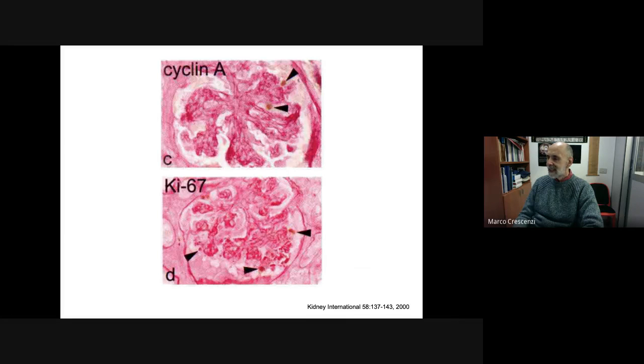It is very rare or even impossible to recover from chronic renal failure. Nonetheless, this evidence shows that podocytes, the precursor cells for glomeruli, do reactivate the cell cycle in pathological conditions. When glomeruli suffer damage, podocytes are reactivated. They express cyclin A, they express Ki67, again, markers of the cell cycle.